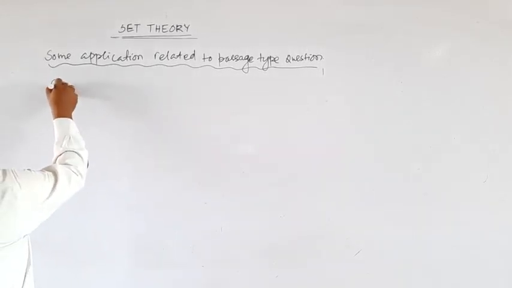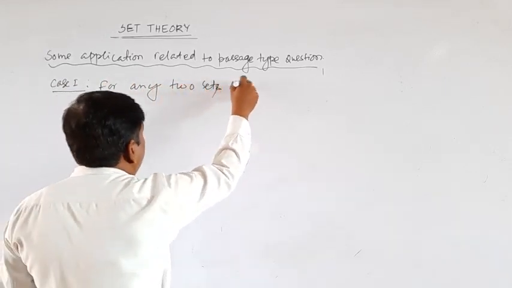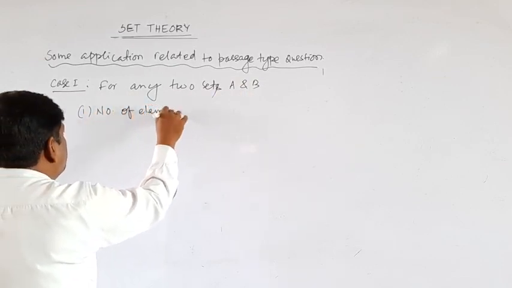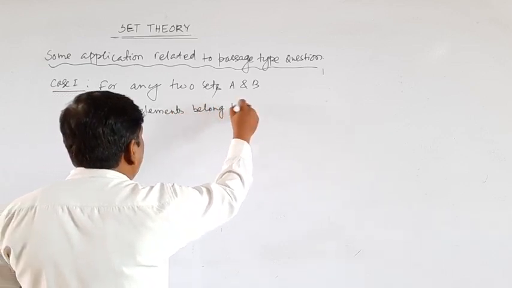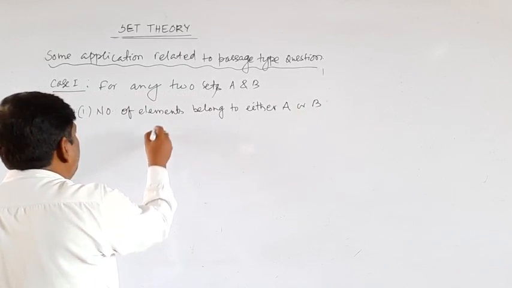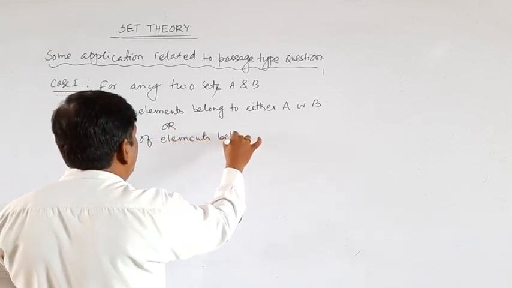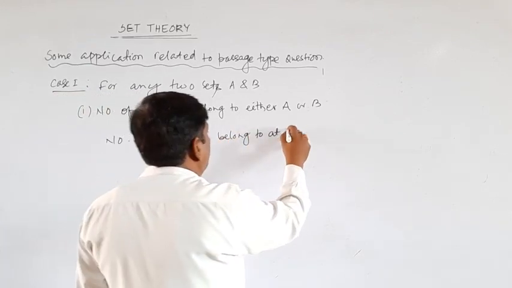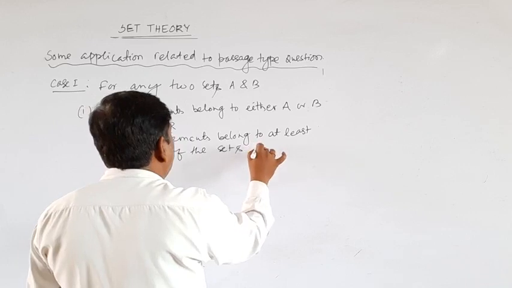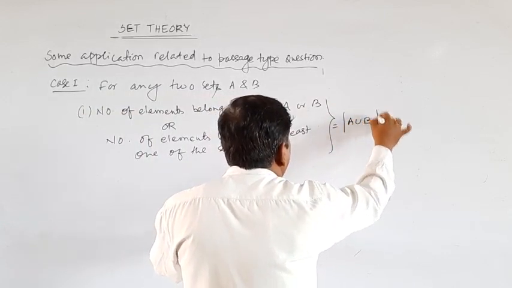Case 1, for any two sets A and B. Number 1, number of elements belonging to either A or B, or we can say number of elements belonging to at least one of the sets A and B. This symbol is cardinality of A union B. Cardinality of A union B.